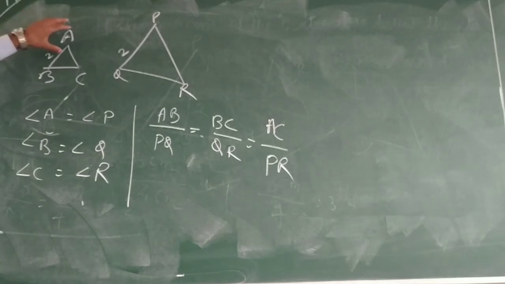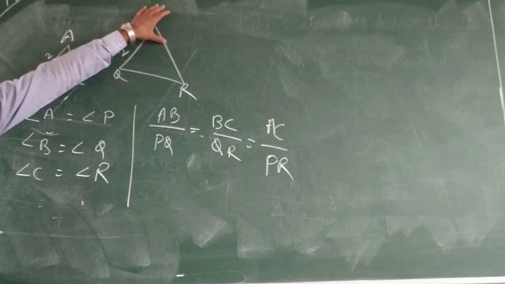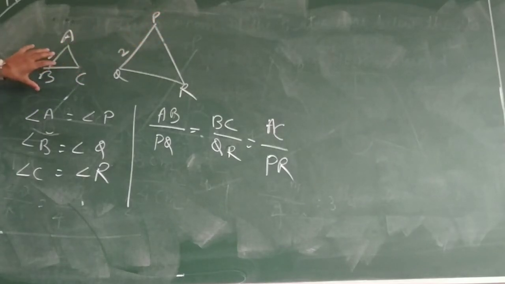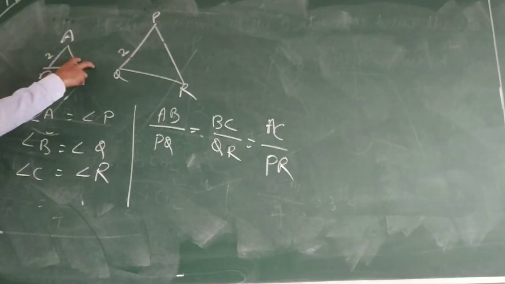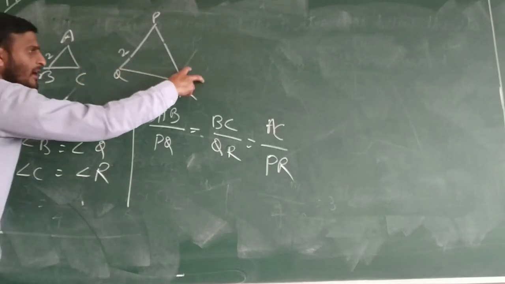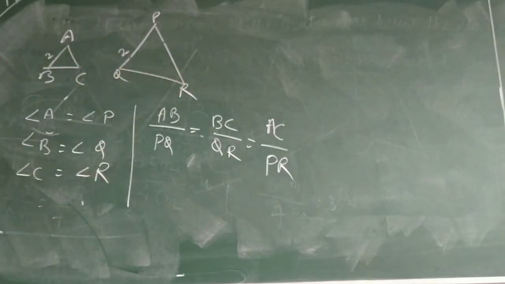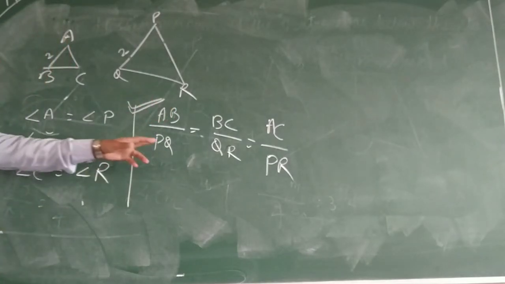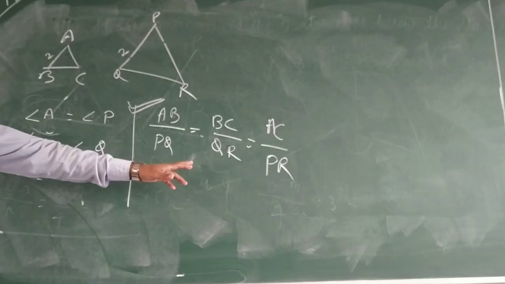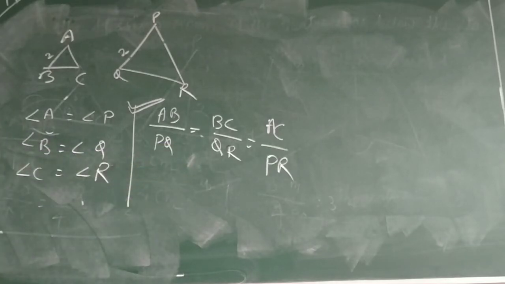If the angles of one triangle are equal to the corresponding angles of the other triangle, then these two triangles are said to be similar. Understood? If the triangles are similar, then we can write very easily that the ratio of their corresponding parts will be in proportion. So this is the first postulate.